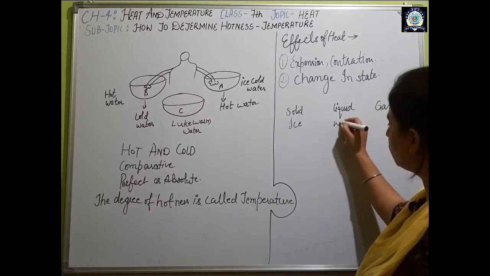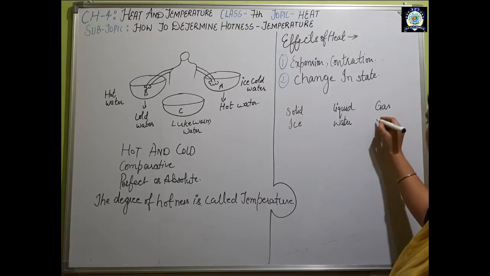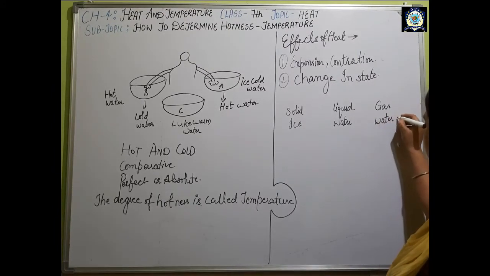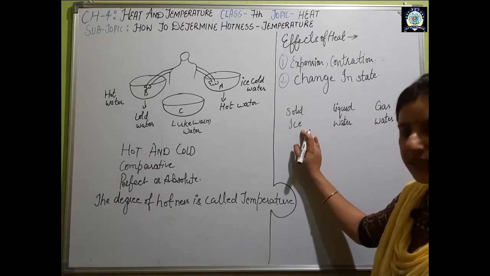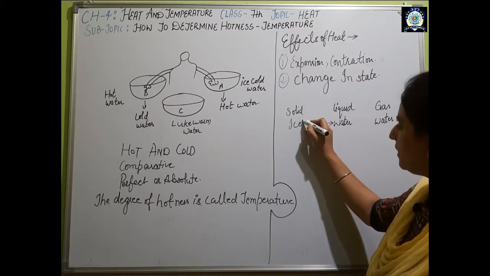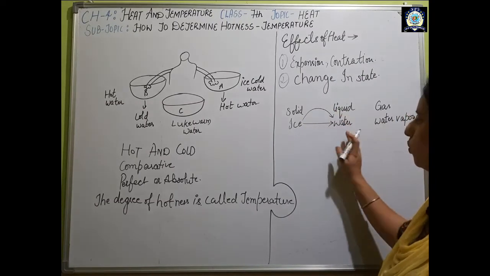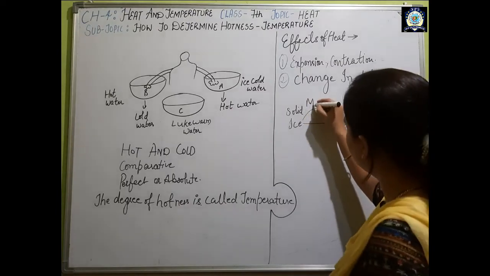In liquid it is water, and in gaseous form the water is water vapor. When we undergo heating, on heating ice changes to water, and that process is called melting.